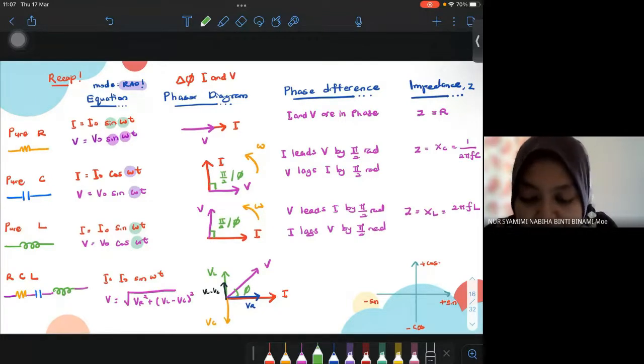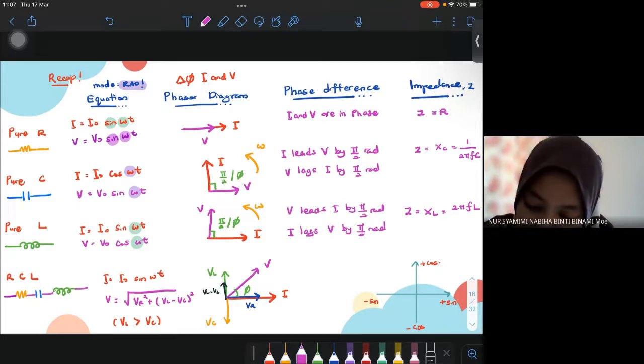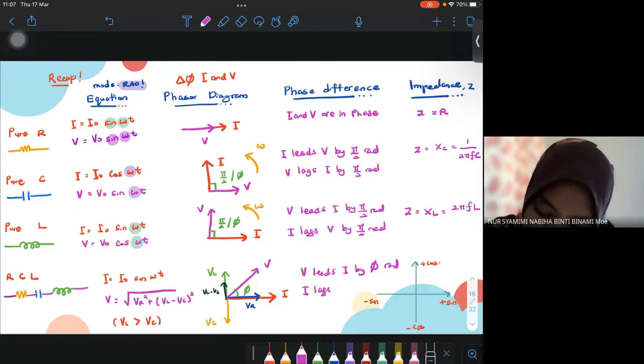Okay, the phase difference depends on the case. Sebab yang kita buat semalam ialah bila mana nilai VL lagi besar daripada VC. So kalau nilai VL lagi besar pada VC, phase difference kita ialah V leads I by phi radian ataupun I lags V by phi radian.